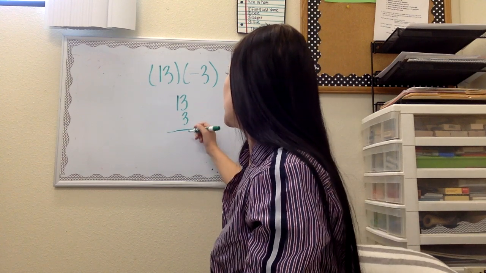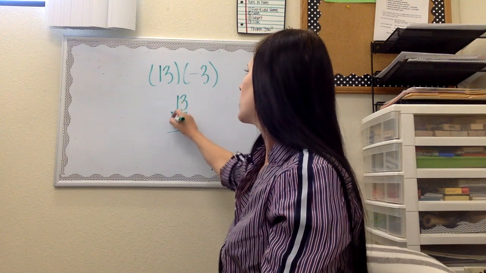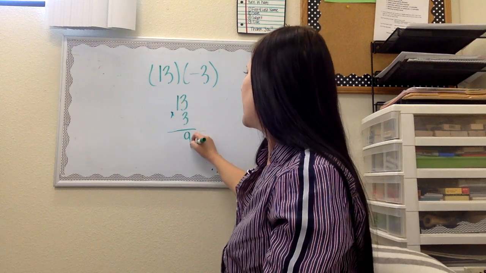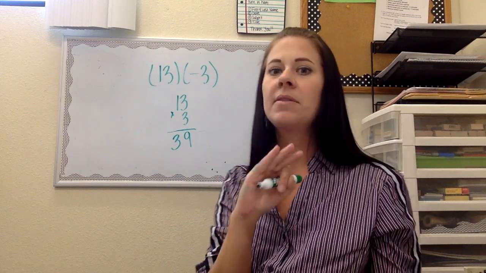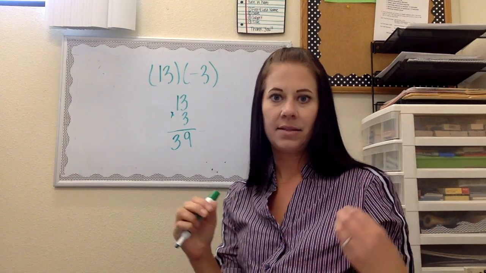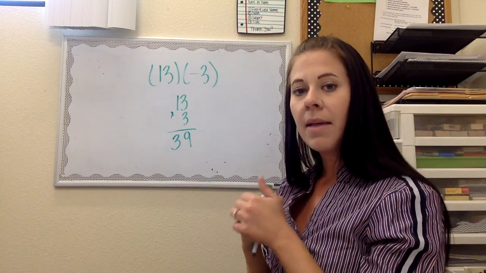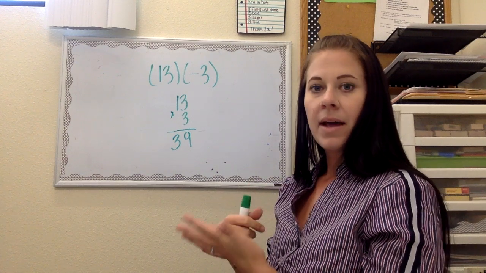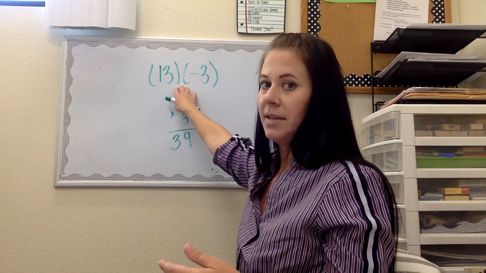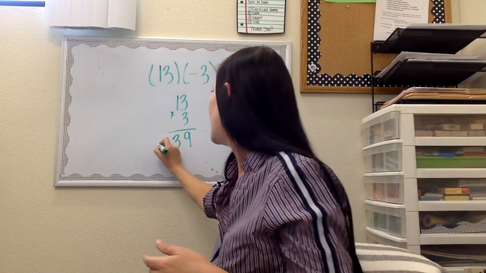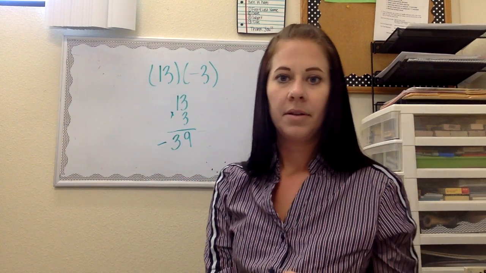So 13 times 3, and I just go total old school with it. 3 times 3 is 9. 3 times 1 is 3. I know my number, the absolute value, no matter what, of my answer is 39. And then I make a decision about signs. So I ask myself, is it same signs or different signs? It's different. That means it's a negative 39.